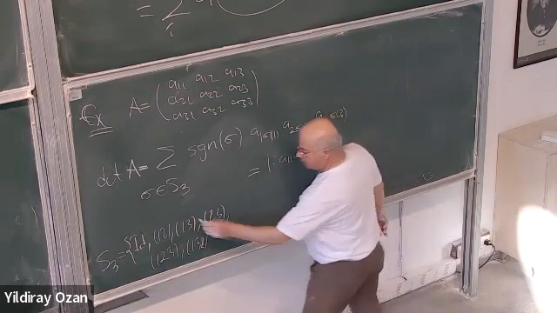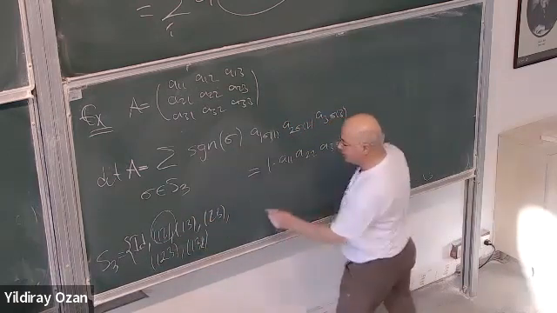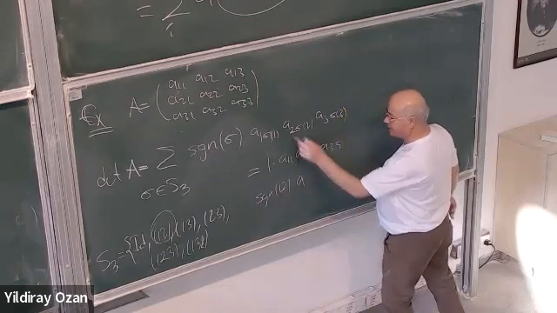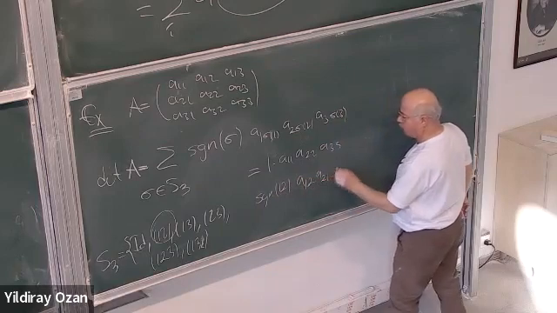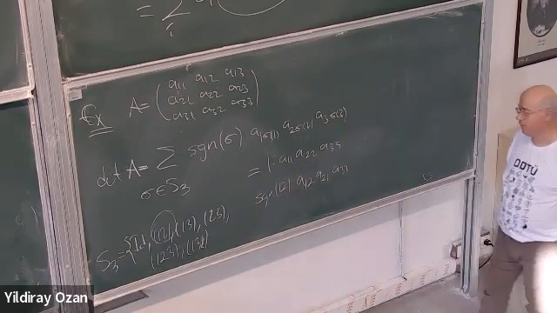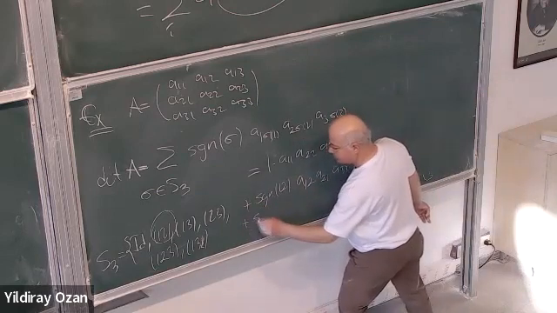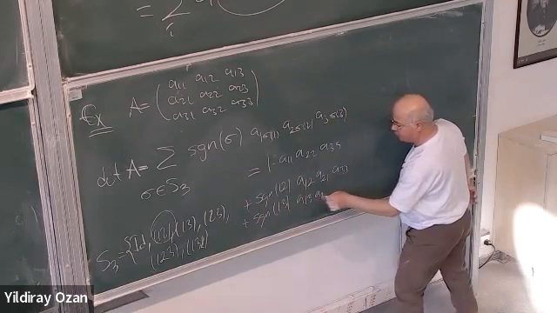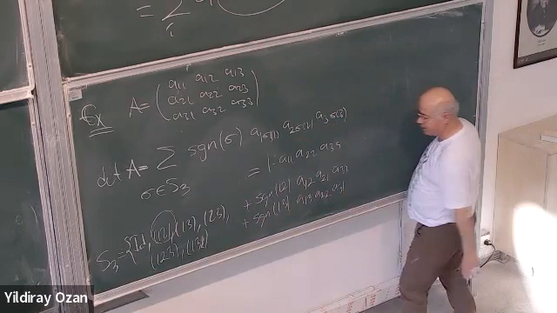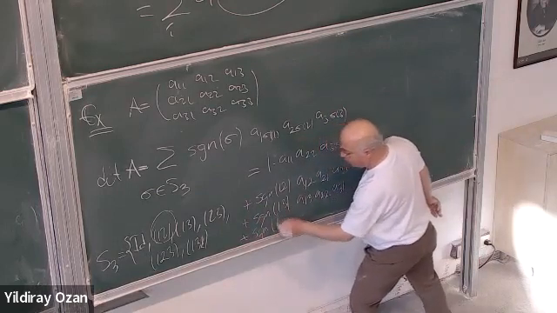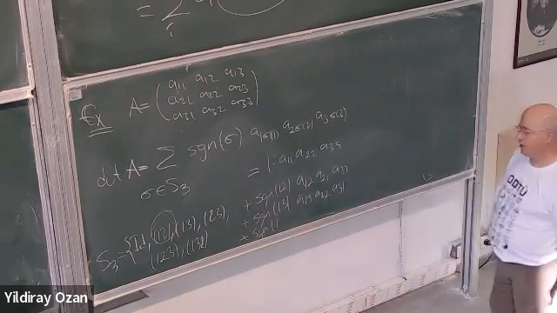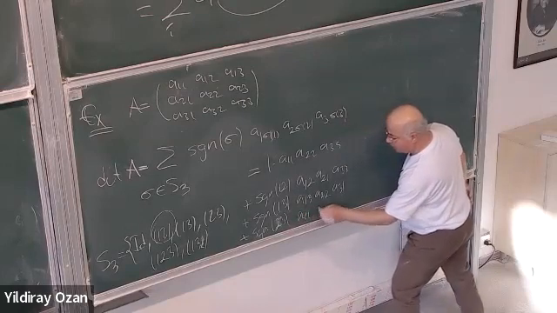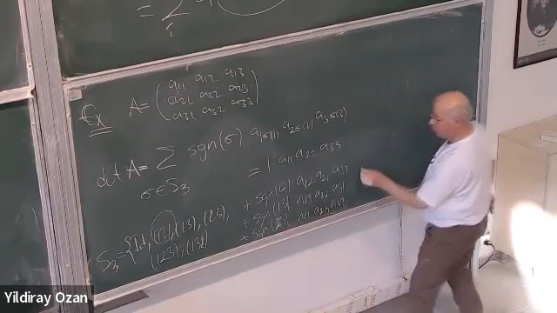And then this element, its sign is minus. So sign of (1 2), and it sends 1 to 2, 2 to 1, and doesn't touch 3. And then plus sign of (1 3): so 1 is sent to 3, 2 is sent to itself, 3 is sent to 1.